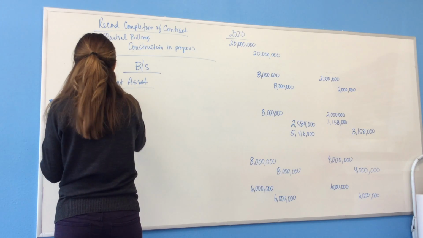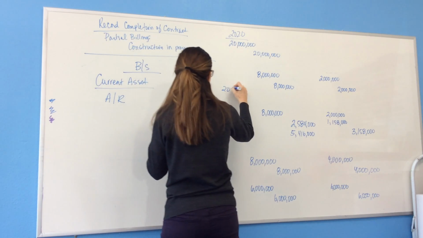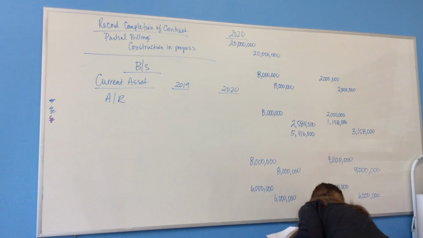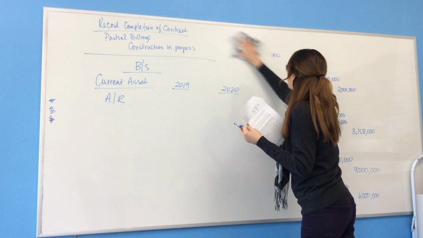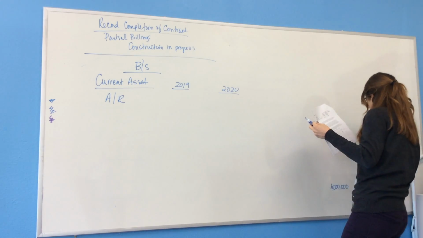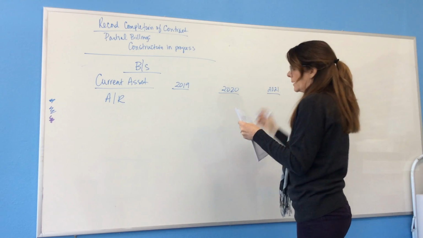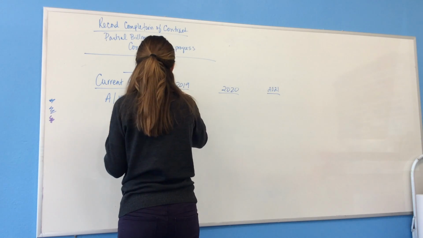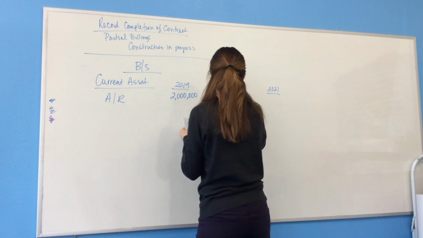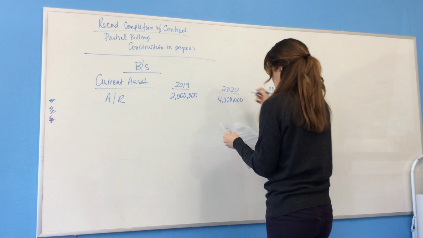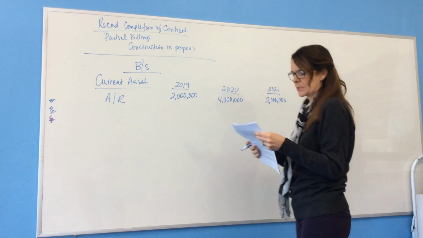Current asset, we have accounts receivable for 2019, for 2020, and for 2021. So my accounts receivable is going to be 2 million here, 4 million here. This is at the end of the year, right? Because I've already received some of what I billed. So this is just the balance in accounts receivable.